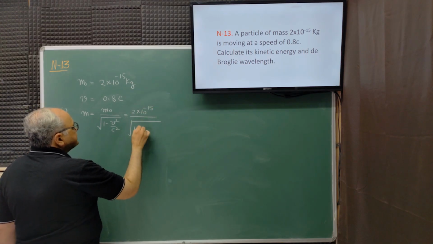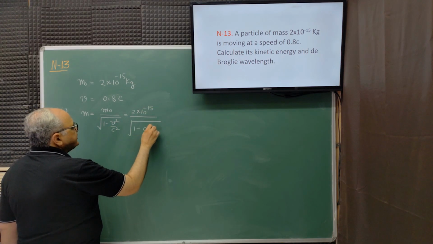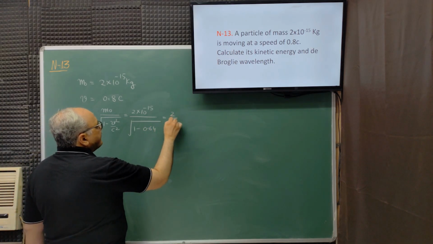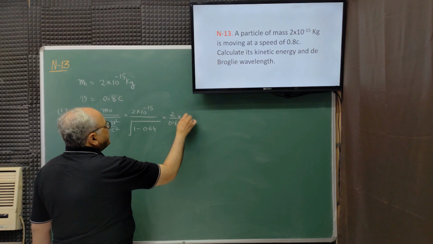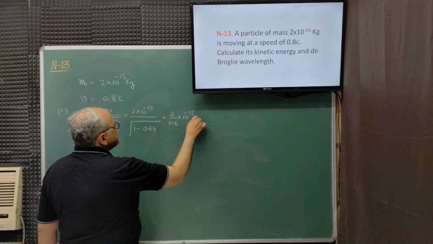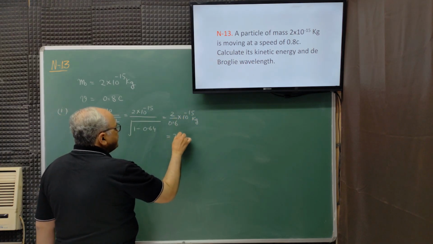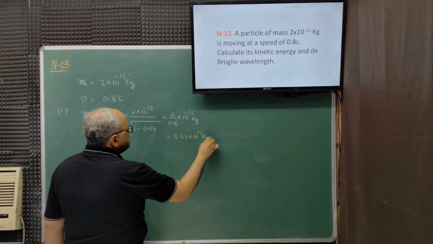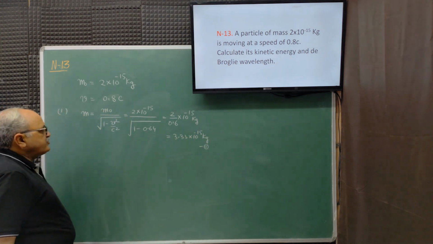This is 1 minus 0.8 squared, that is 0.64, which equals 0.36, so the root is 0.6. 2 divided by 0.6 times 10 to the power minus 15 kg equals 3.33 times 10 to the power minus 15 kg. This is your first piece of information.